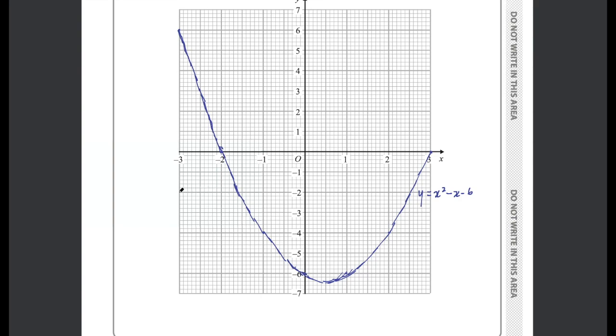So let's use red and draw a horizontal line at -2. I just need to move that down a little bit. I can't get exactly on the line for some reason, but you get the idea.